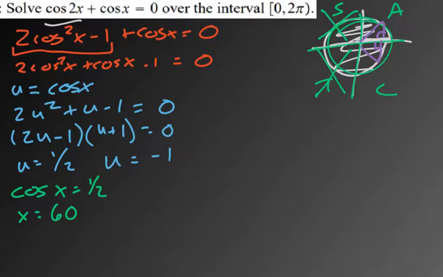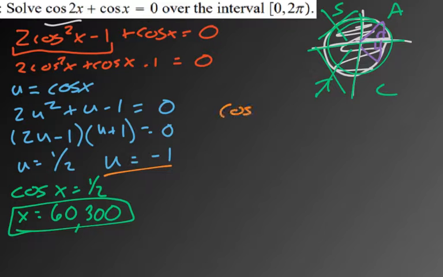And then we want the answer in the 0 to 2 pi, so we don't want to just say minus 60, even though minus 60 is a solution. We want to be at 300, right? So the other one for this one would be 300. So those two are going to be good. And then we'll do this. So we need cosine of x also equal to negative 1.